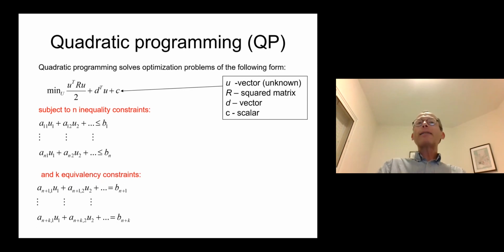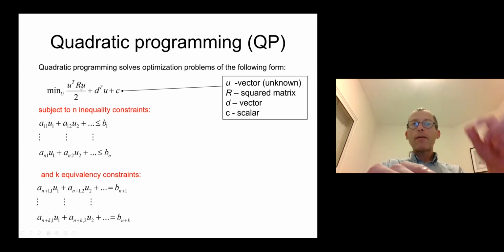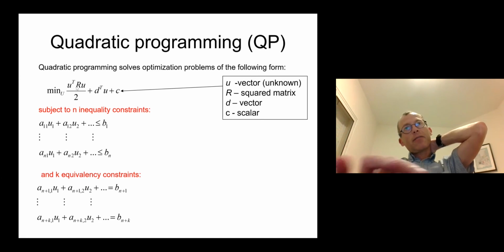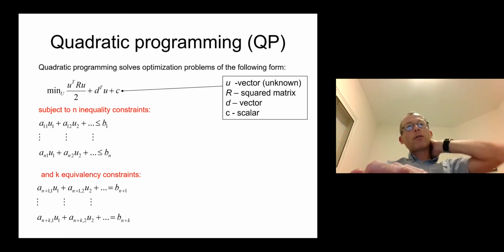Okay, so why is support vector machine a quadratic programming problem? What is R in support vector machine? Can anybody tell me? So R is the input matrix. What is it in the support vector machine? Yeah, good. So people got it correct.